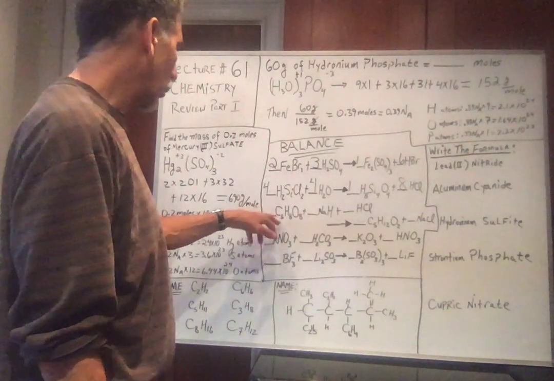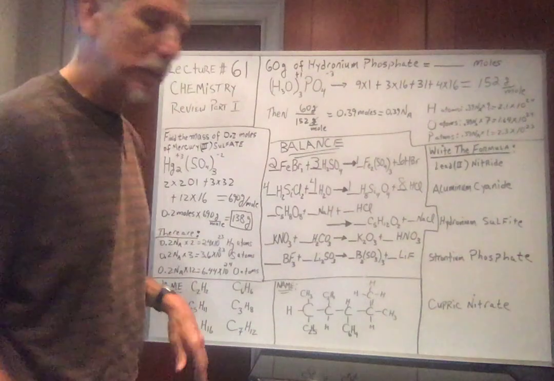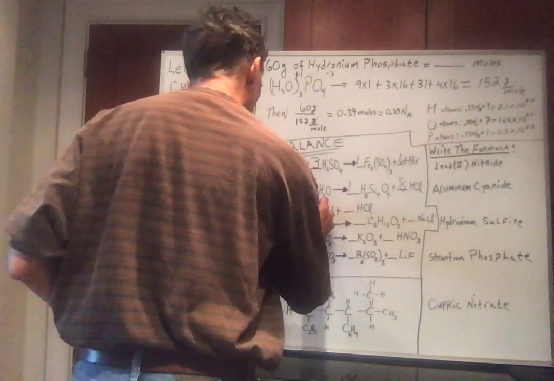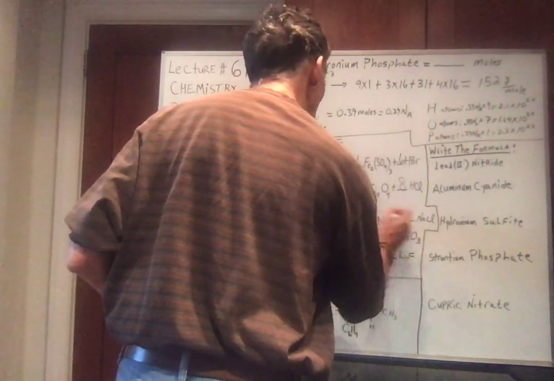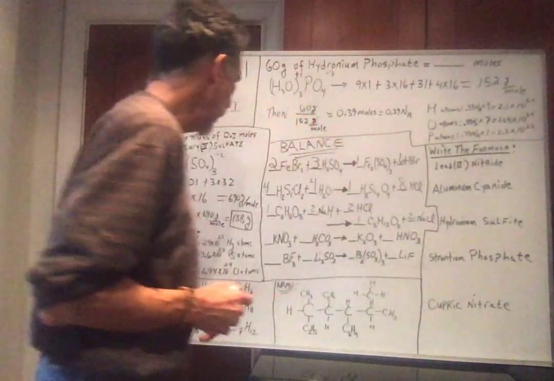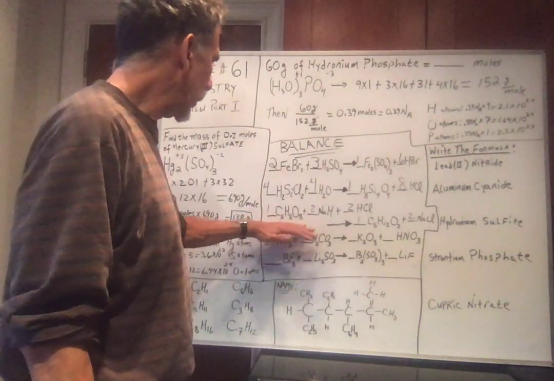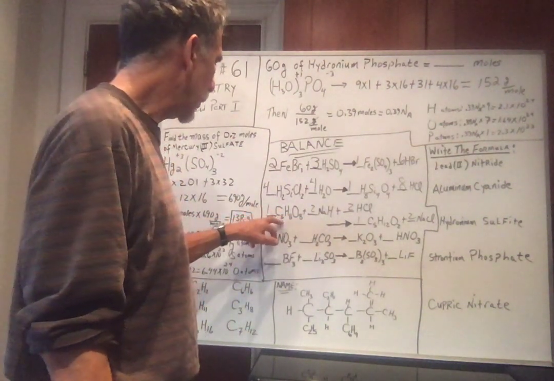Let's look at this long one. Let's see if this balances it. All right. Let's count. I have a 1 in front of this molecule. We have 5 carbons.